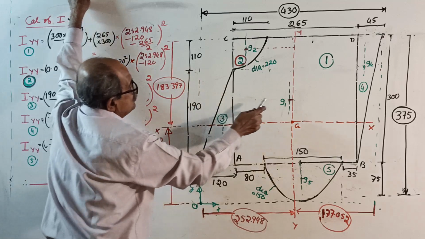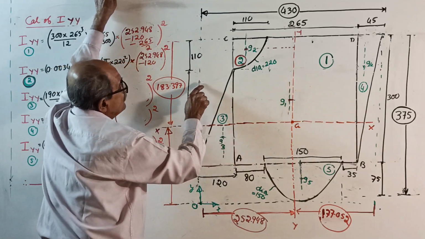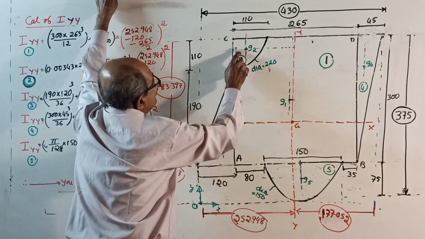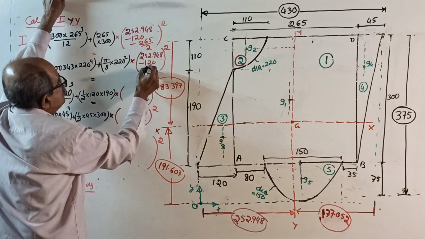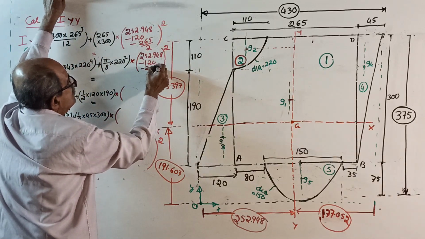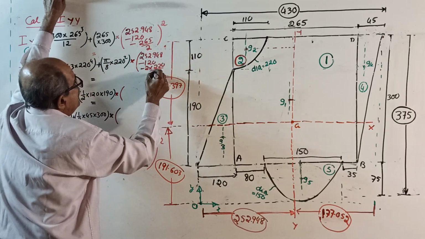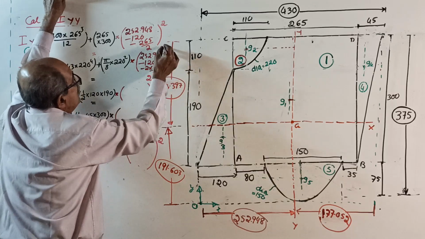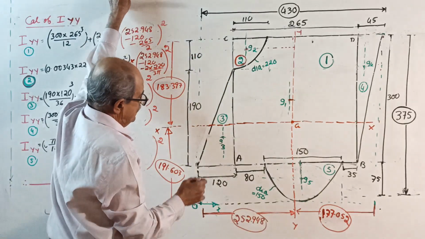So what you got now? So from, see, 254 point something minus 120 minus this distance is 2d by 3 pi minus 2 into diameter is 220 divided by 3 pi, right horizontally whole square, right horizontally 3.